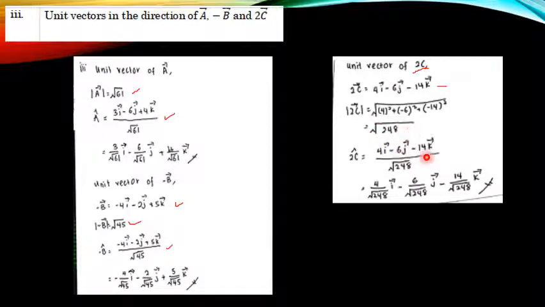After that, using the unit vector formula, the answer is 4 over square root 248 i minus 6 over square root 248 j minus 14 over square root 248 k.